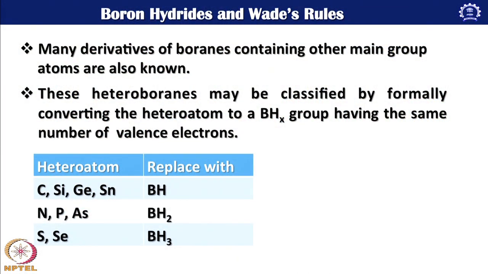And in the case of sulfur and selenium having s2p4 electronic configuration, we have 3 electrons more. As a result, we have to take out a BH3 unit to incorporate one sulfur or selenium. So, this we should remember. So, s2p1 is for boron. If you are replacing one boron and adding carbon, then one electron will be added.